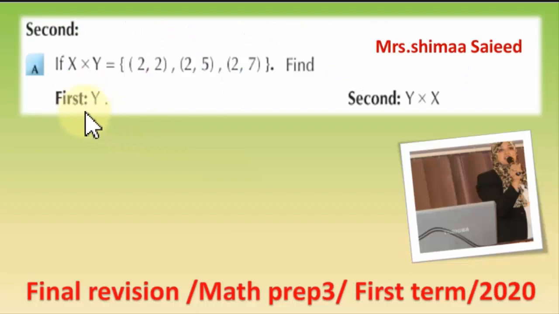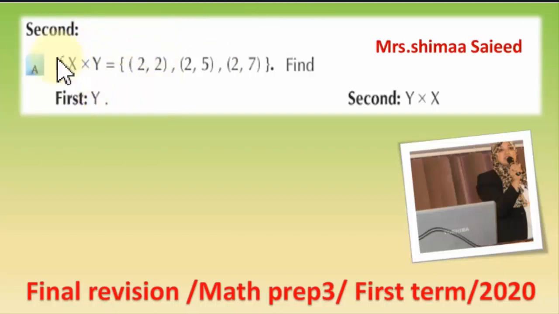If x Cartesian product y equals the set of ordered pairs (2, 2), (2, 5), (2, 7). Find y and find Cartesian product of y and x. At first, the first set here in the Cartesian product is x.